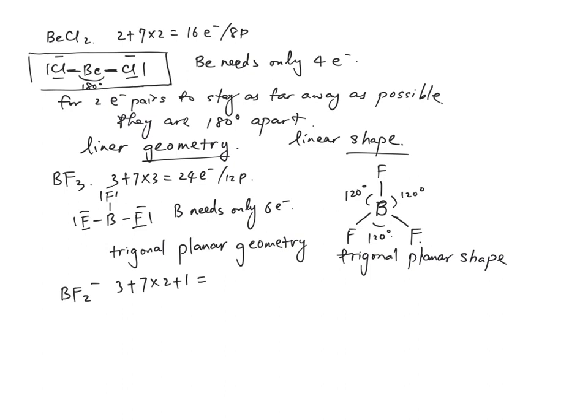That's a total of 18 electrons, 9 pairs. If you draw the Lewis structure, you would have boron, fluorine, fluorine. Both fluorines have an octet. That's 8 pairs of electrons you use. You have 9 pairs, so you have 1 pair left, and any leftover electrons we put on the central atom.